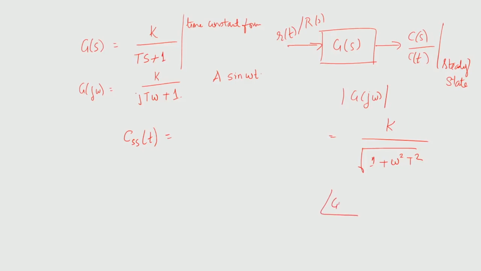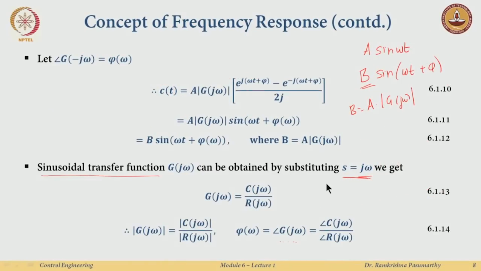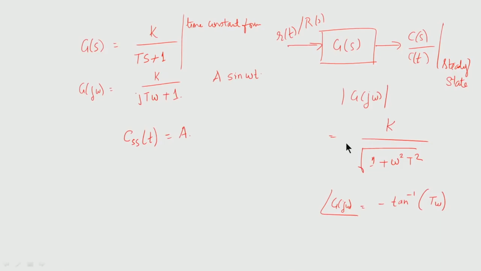Similarly, the angle of G of j omega is the negative of tan inverse of T times omega. These are just complex numbers, and we know how to compute those angles. So, C_ss of t would be A multiplied with what? With the magnitude of G of j omega. What is the magnitude of G of j omega?